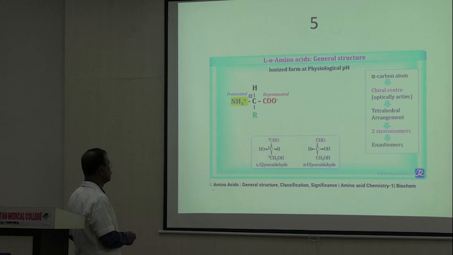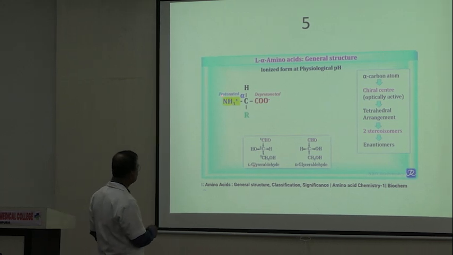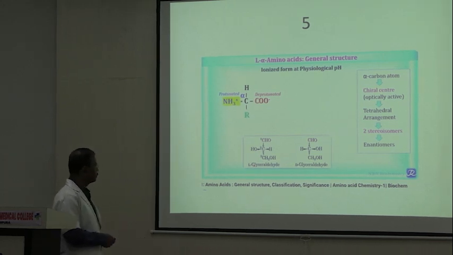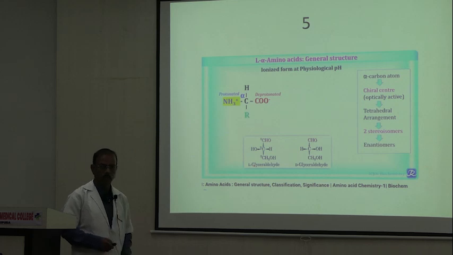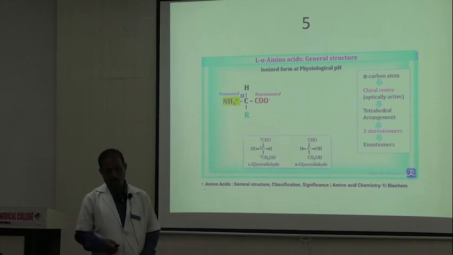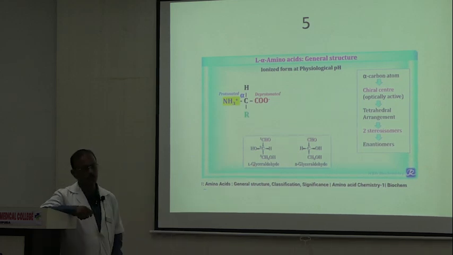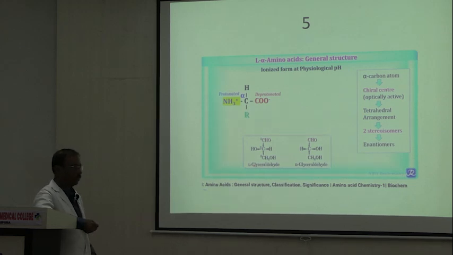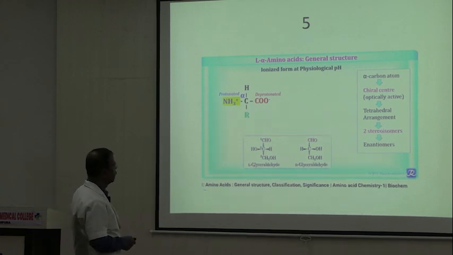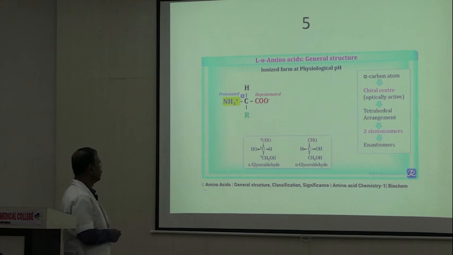Likewise, in amino acids also, when this amine group is attached to the left, it is called an L-amino acid. And when it is to the right, it is called a D-amino acid. In the biological system, only L-amino acids are used for protein synthesis. So here we have written L-alpha amino acid.